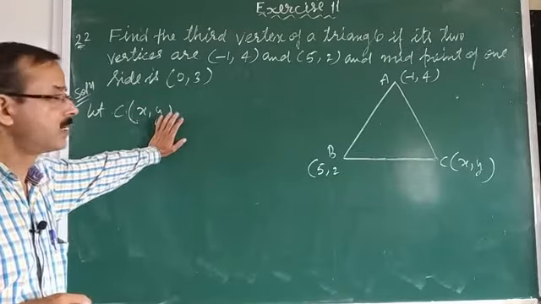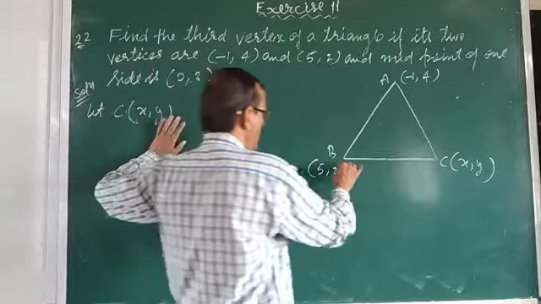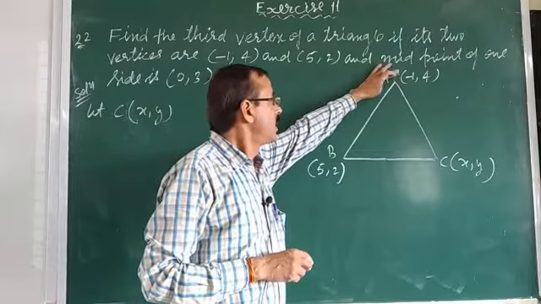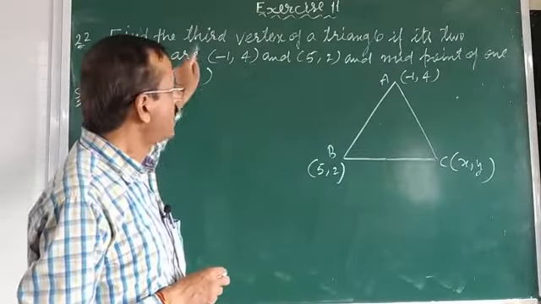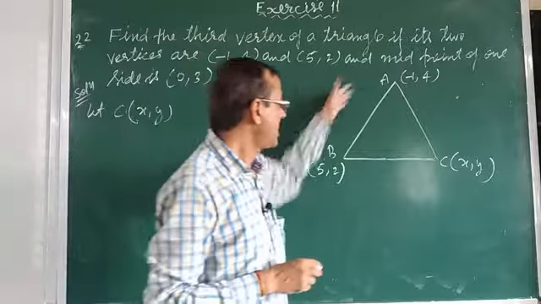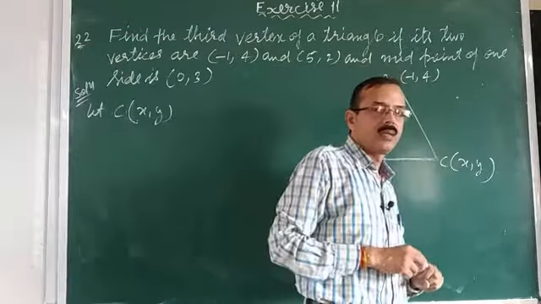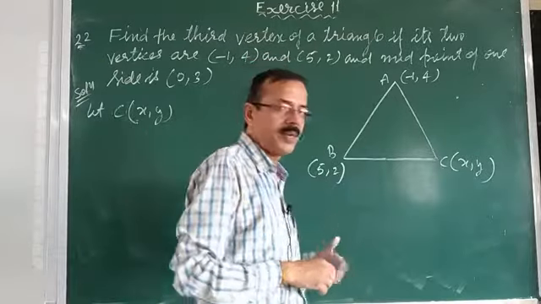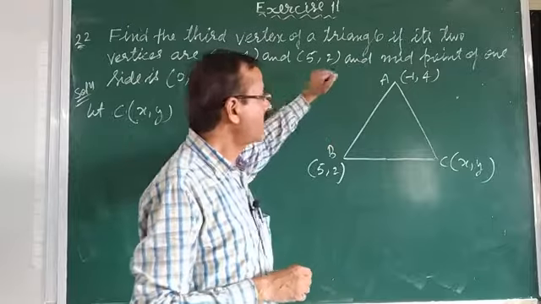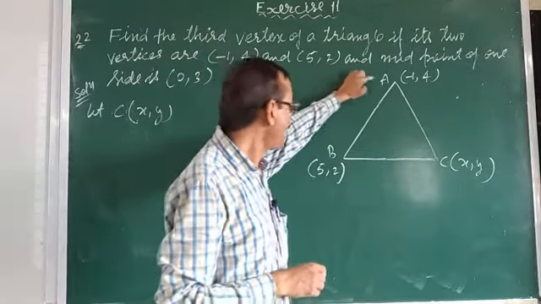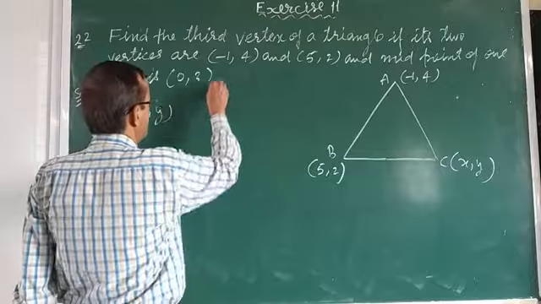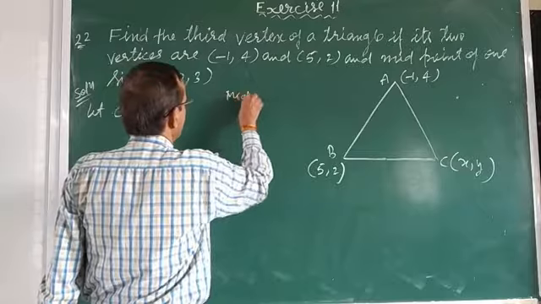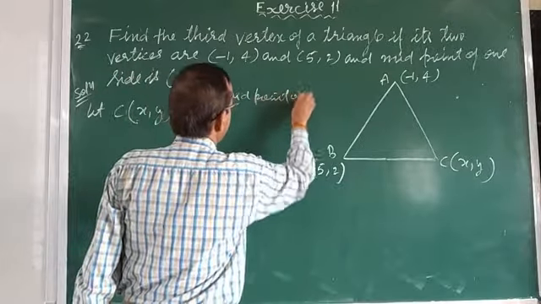Where to find the C? Okay. 0, 3 is the midpoint of one side. 3 साइड है AB, BC, AC. ये नहीं दिया किस साइड का है. This is not given, of which side that is. देखिए AB का मिड पॉइंट तो नहीं लग रहा है. क्यों नहीं लग रहा? You will find the midpoint of AB.